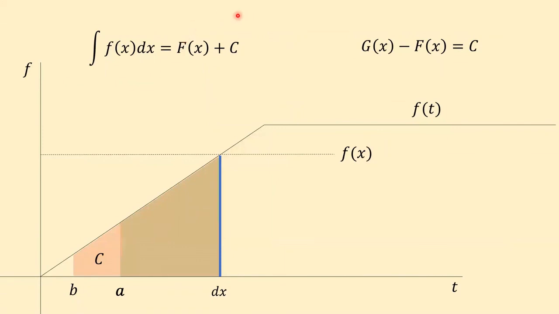And the reason for this arbitrary constant of integration is to account for that indeterminacy in which antiderivative you used. Big F would work, big G would work, and that's why you have to plop in this arbitrary constant of integration.